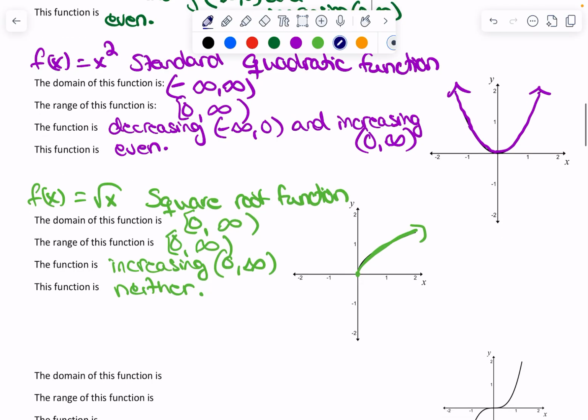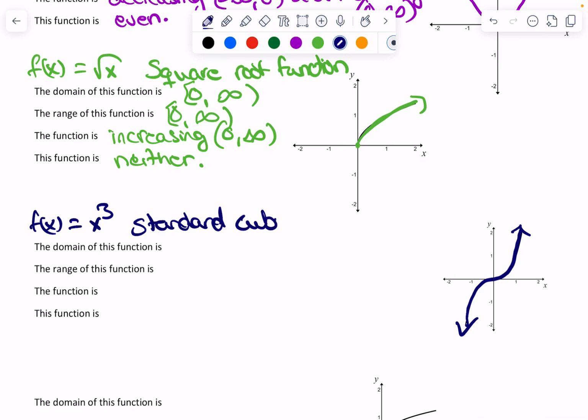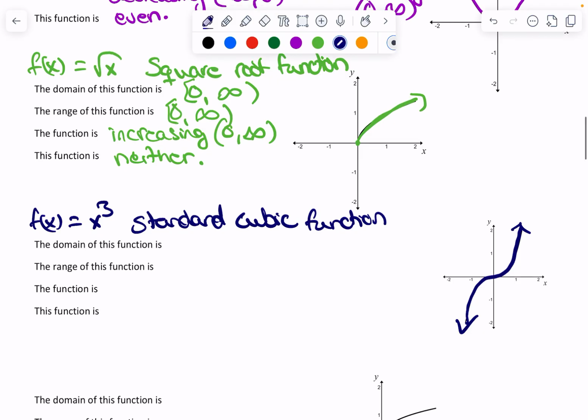Okay, next one. The graph looks like this. This is f of x equals x cubed, the standard cubic function. If we look at the domain, it is all real numbers.